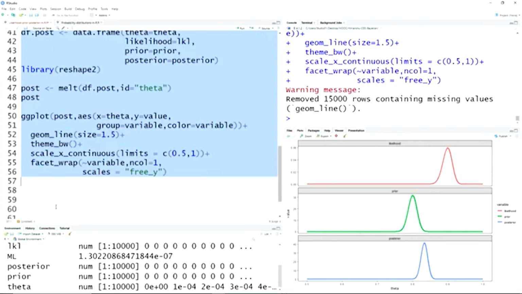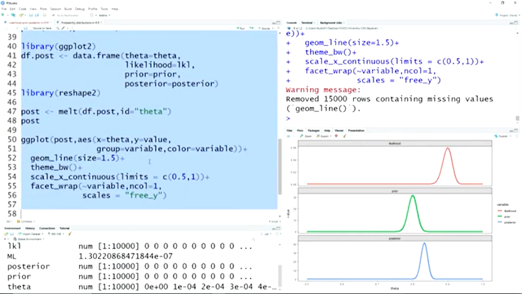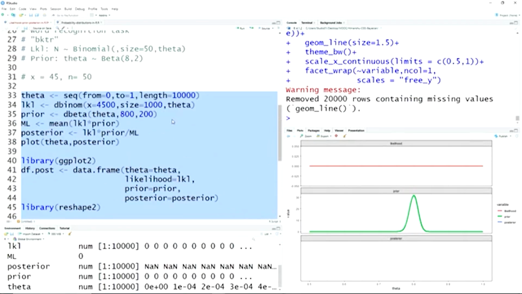Okay. What if data is slightly more, let's say 1000? Now they might have equal influence. Let's see. Oh no, so data actually, okay, needs to be 9000 or 900.